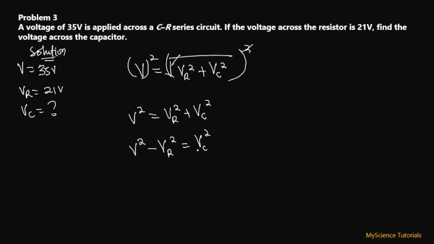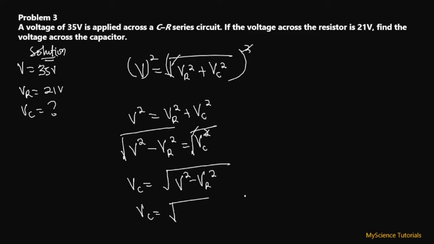So to make VC the subject, we take the root of both sides. So this cancels this. We have VC now equal to the root of V squared minus VR squared. So we can go ahead and do the substitution.